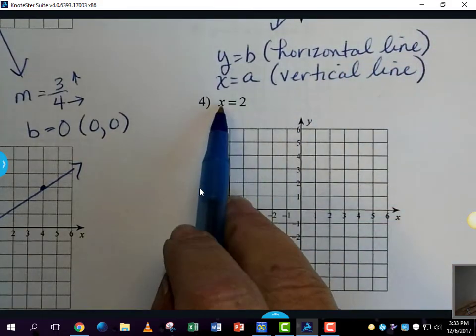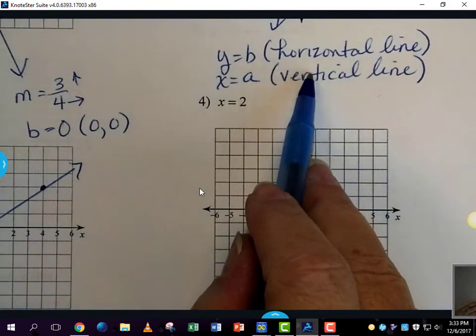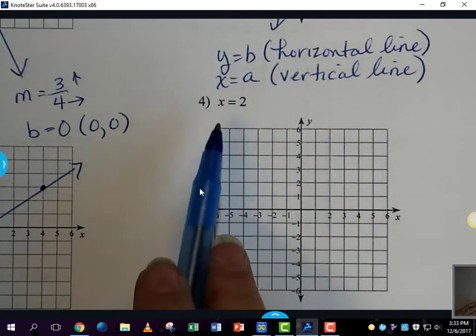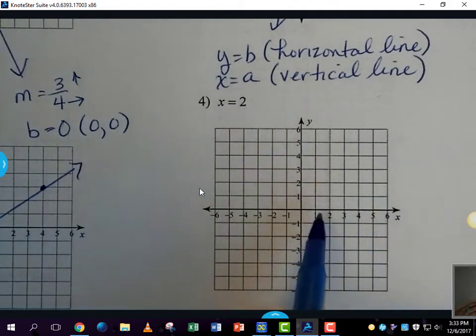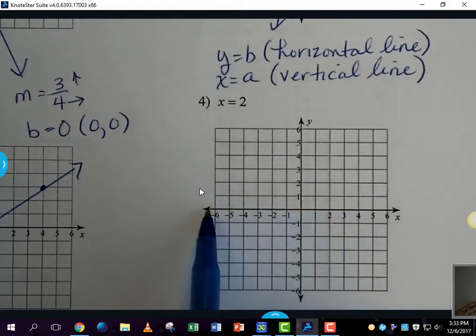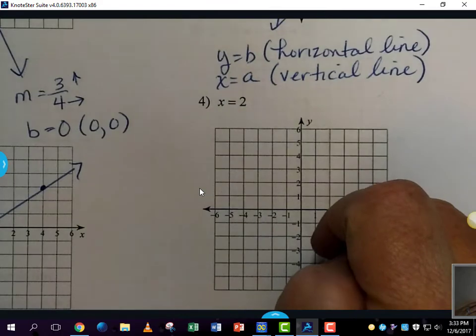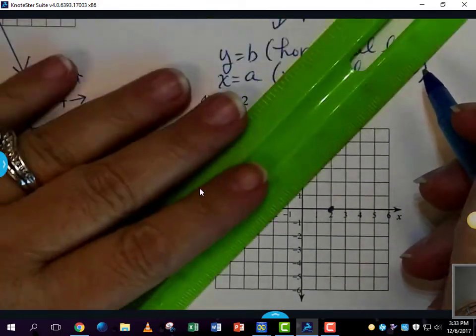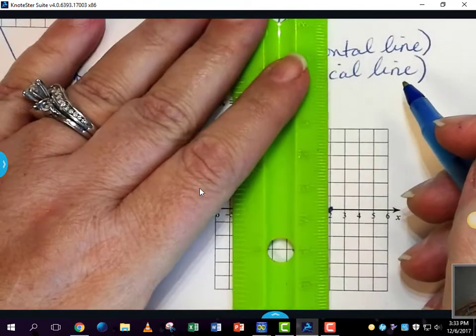Okay, this is in the form x equals 2. It's a vertical line. So that means I'm going to be making a vertical line somewhere. And where do I make it? Where x is 2. So here's my values of x. There's my 2. It needs to be a vertical line. So it's a vertical line through 2.